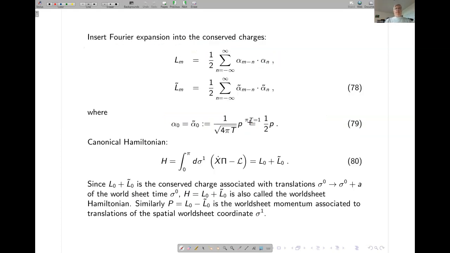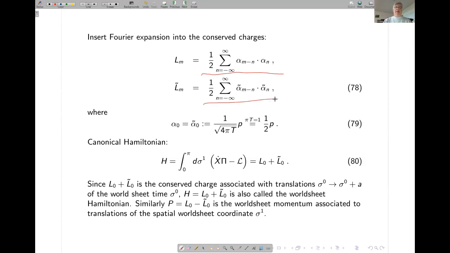We can also express our conserved charges for conformal symmetry using our solution by substituting the solution into the expression for L m. I don't do this here explicitly, but you should maybe check. And this gives us infinite sums which are quadratic in the Fourier coefficients.